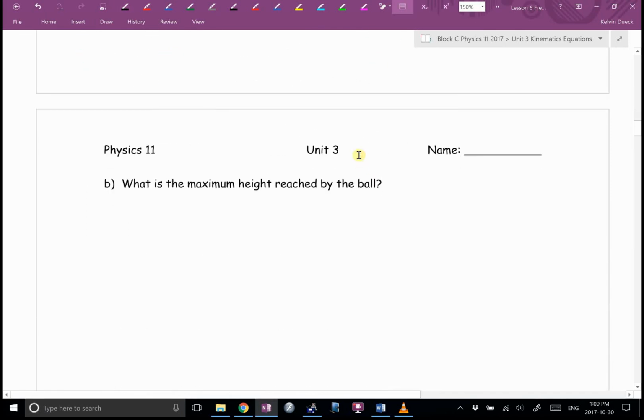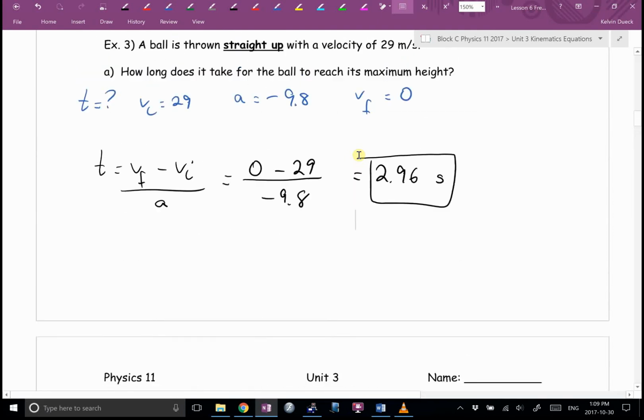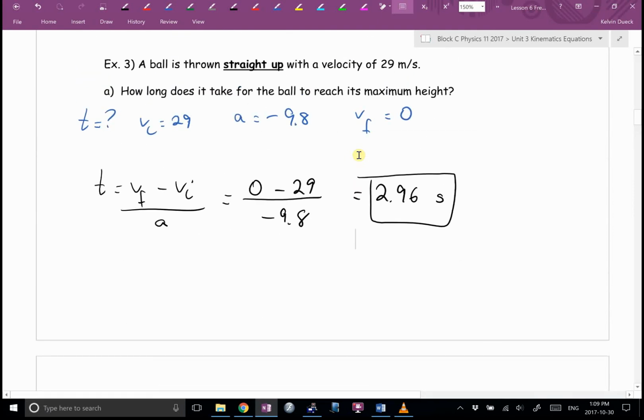Turn the page, please. We would have to take into account. It's a great question. Sierra said, Mr. Duick, what if, even if I threw it, I'm kind of lowering down? So we're imagining that we're somehow launching right from ground level.